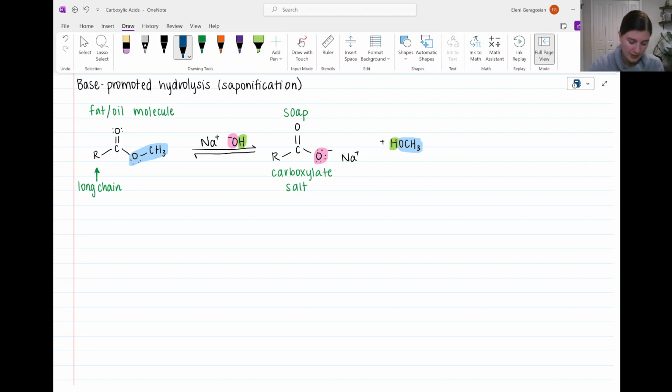Now you might imagine if we added acid, this wouldn't result in the soap molecule, but we could add acid to produce the carboxylic acid.